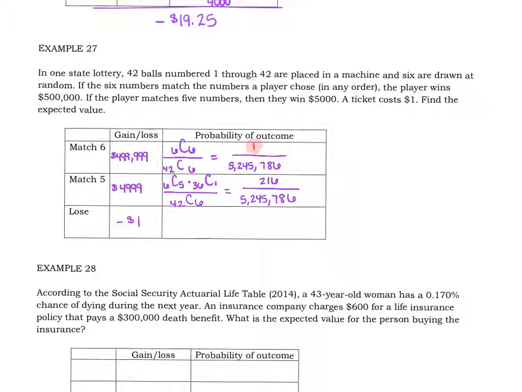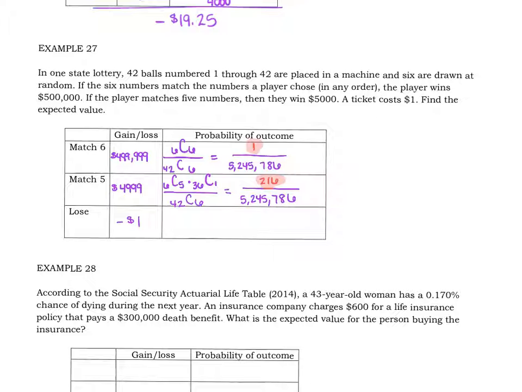Okay, now to come up with all the ways to lose, notice here that there's one way to match all 6 numbers, and there's 216 ways to match 5 of the numbers. That means all the remaining outcomes must be ways to lose. So remember, there are 5,245,786 possible outcomes.